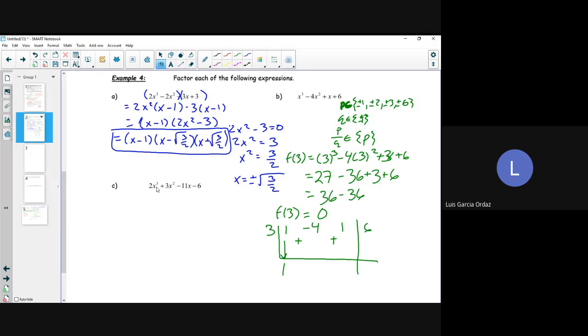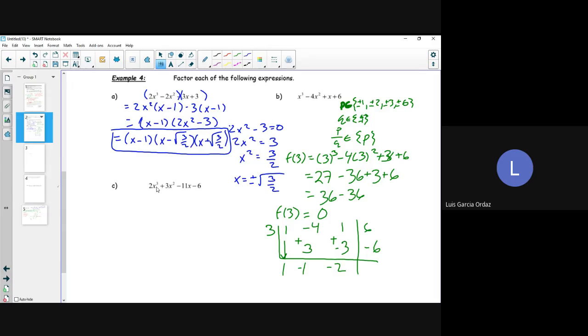So 1 times 3 gives us 3. Negative 4 plus 3 gives us negative 1. Negative 1 times 3 gives us negative 3. 1 plus negative 3 gives us negative 2.